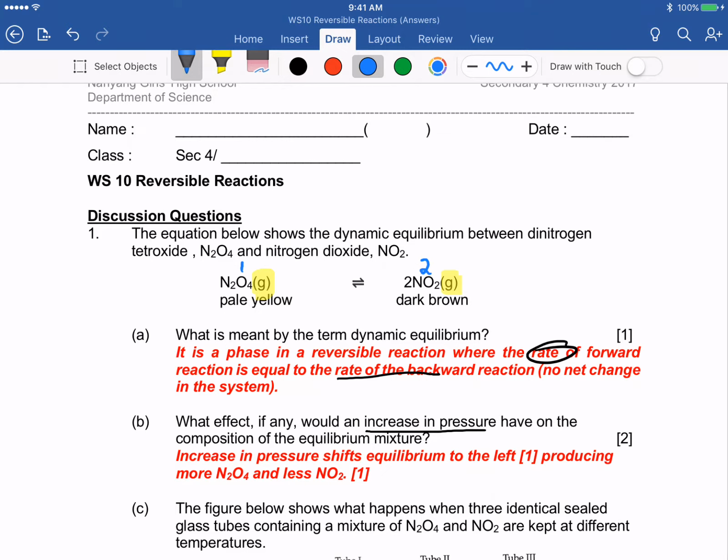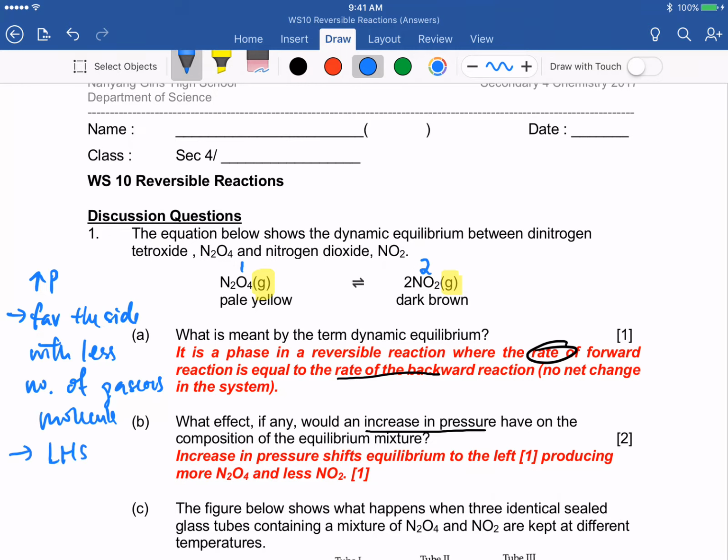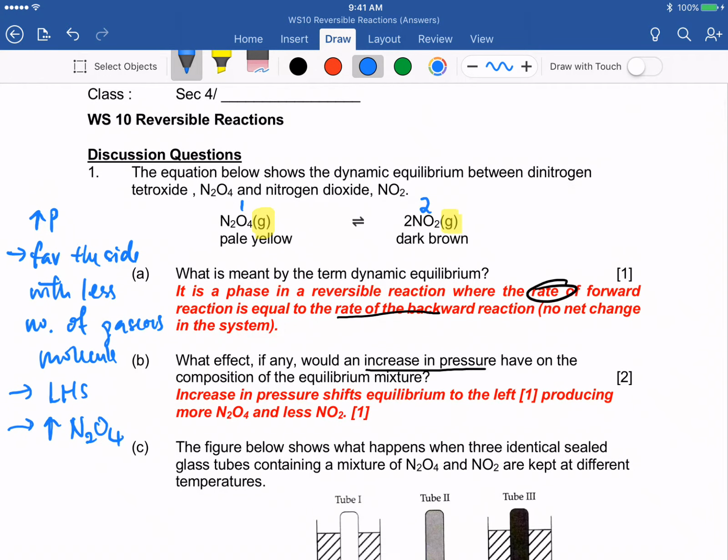So when I increase pressure, equilibrium will shift to favor the side with less number of moles of gaseous molecules, which in this case should be towards the left hand side. And hence, there's an increase in the production of N2O4 and less NO2.